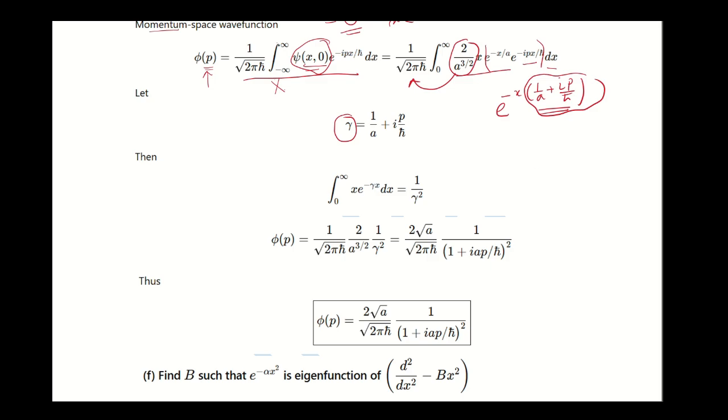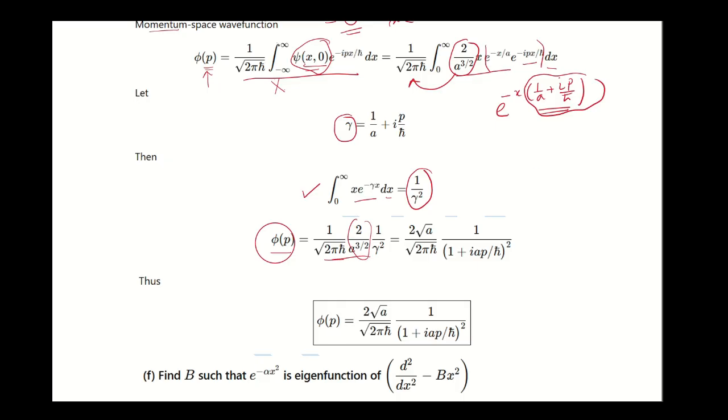What we get is the integral from 0 to infinity of x e to the power minus gamma x dx. If we use the gamma function here, we get the value 1 divided by gamma squared. Therefore, what will be phi of p? Now phi of p will be 1 divided by this part and 2 divided by, as it is, the constant term.